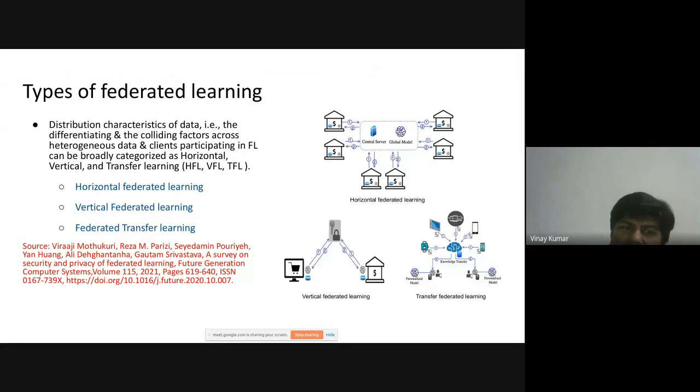Next, we have the types of federated learning. So distribution characteristics of data, that is the differentiating and the coding factor across heterogeneous data and clients participating in FL, that is federated learning, can be broadly categorized as horizontal, vertical, and transfer learning. What are those? Horizontal federated learning is defined as the circumstances where datasets on the devices share the same features with different instances, right?